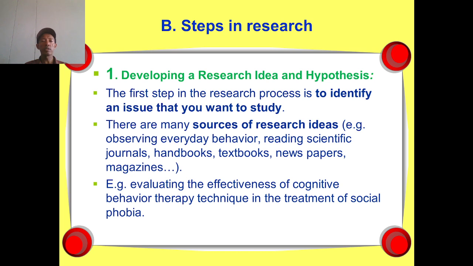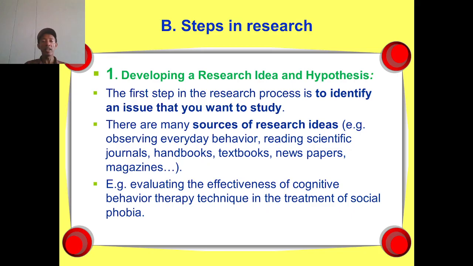That means they identify their topic for research, or their hypothesis, or their basic research questions. These research questions, as we have discussed, can be of the applied type of research, or basic or fundamental research.